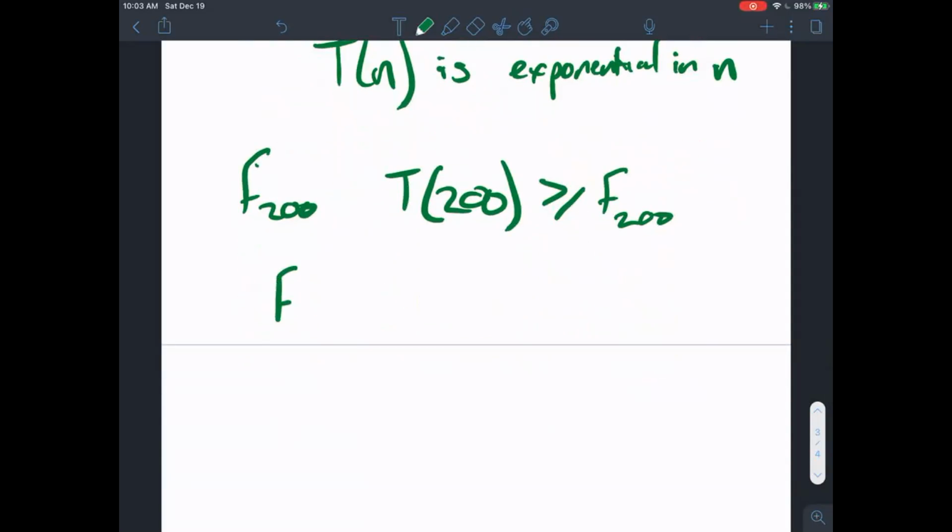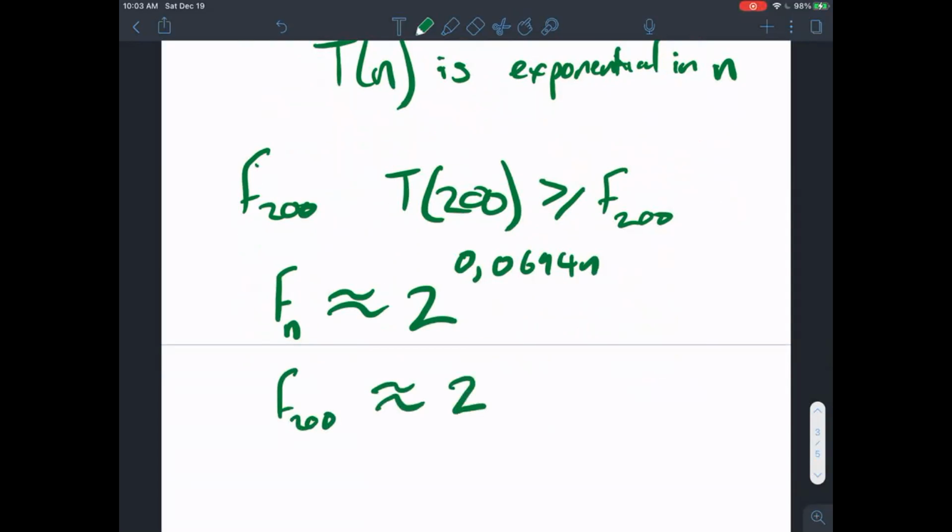When people are studying the powers of 2 and they're also studying the Fibonacci sequence, there's a general rule which says that F of N is approximately equal to 2 to the power of 0.694 N. So if we have F of 200, basically we're going to get 2 to the power of some higher value, for example 138.